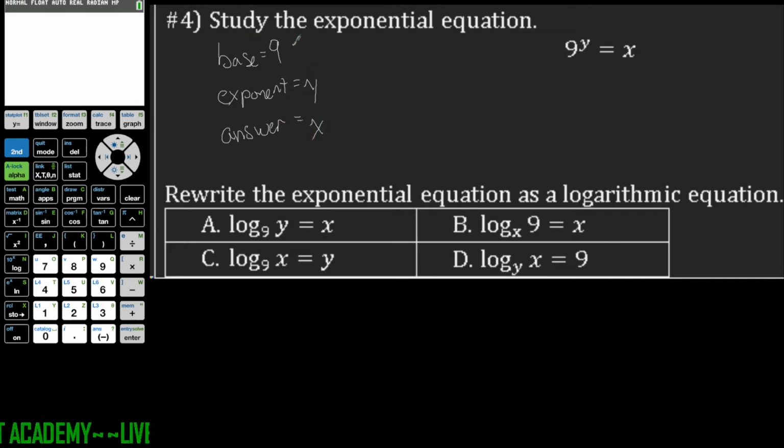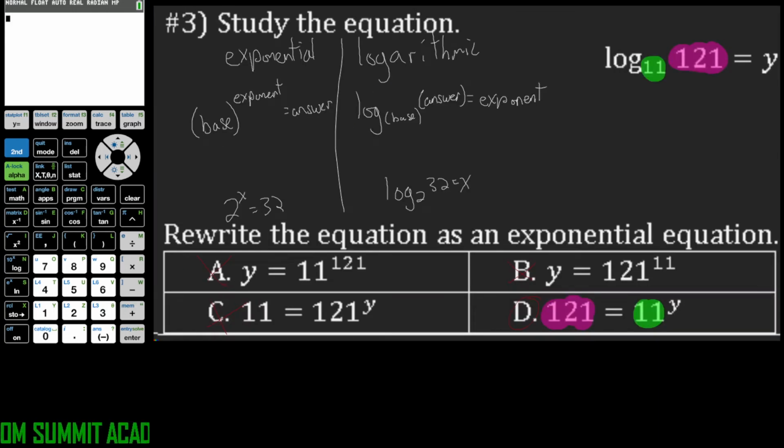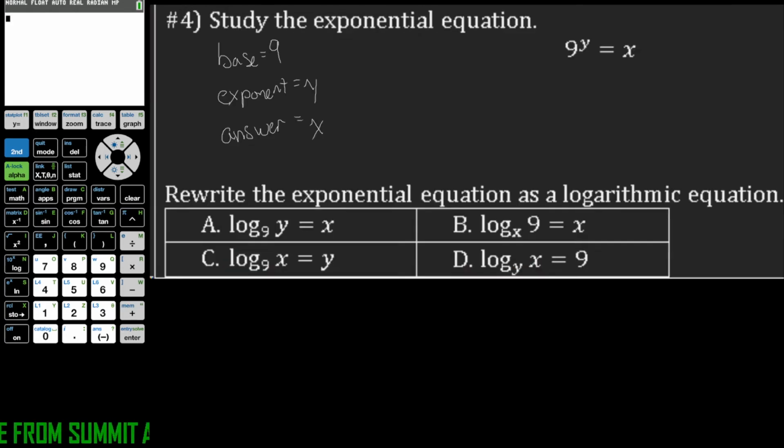So now all we have to do is use these 3 parts and write a logarithmic function. Again, if you need to go back and see how those are set up, please do, but make sure you're using these 2 ideas, because we can switch back and forth between those 2.